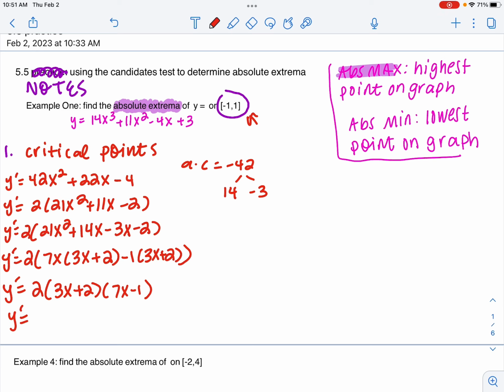And then if I set this equal to 0, I would set each parenthesis equal to 0.